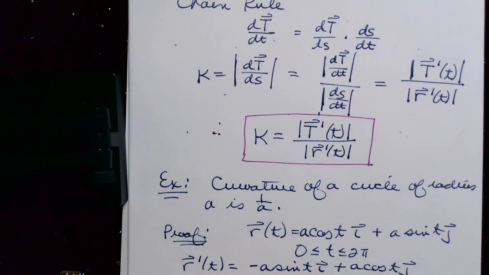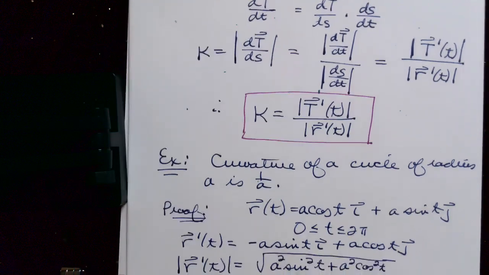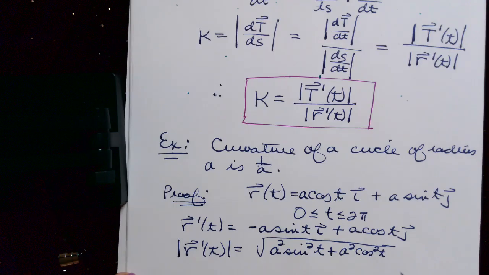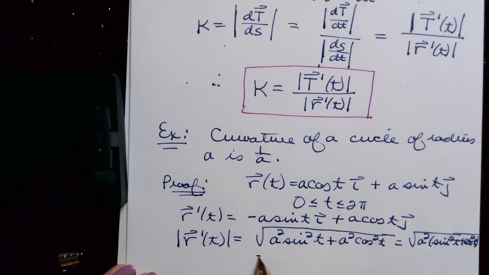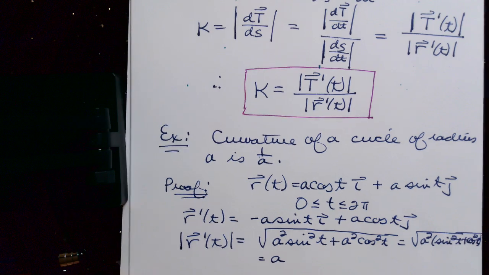The length of the vector r prime of t is the square root of a squared sine squared plus a squared cosine squared. Factor out a common factor of a squared, so this is the square root of a squared times sine squared plus cosine squared. Sine squared plus cosine squared is 1, so this just becomes a. So the length of the vector r prime of t is just a.